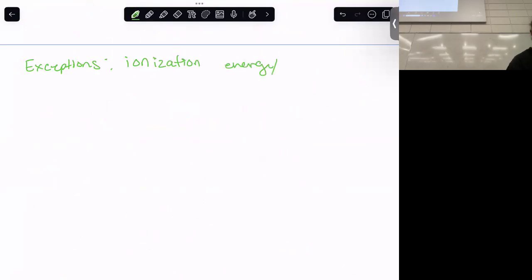I want you to remember that graph where it goes up, then down, then up, then down, then up. And this is 1, 2, 3, 4, 5, 6, 7, 8, not including transition elements, right? Just the S and P blocks.